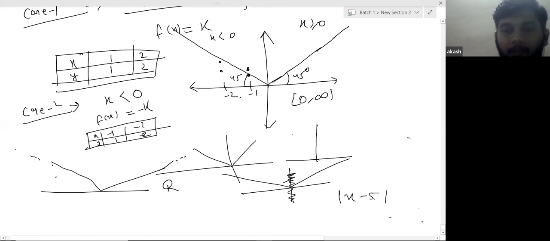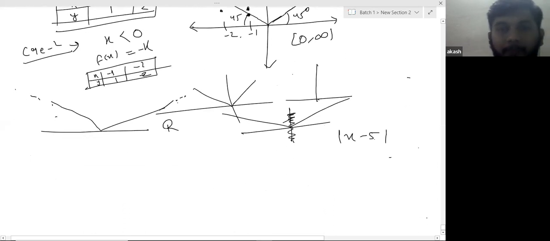We'll see how to solve that. Whenever you see modulus function, just try to break it. Like when x is positive, x is negative, and you will be done. All right, done, drawn.